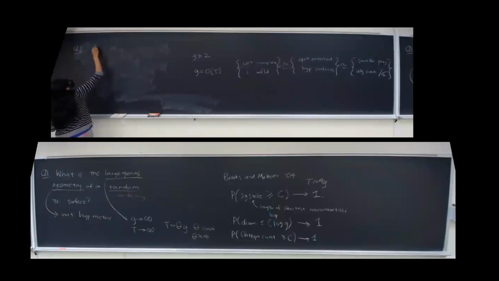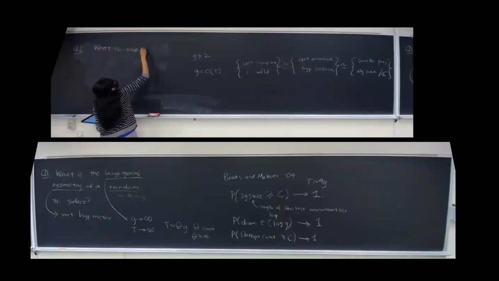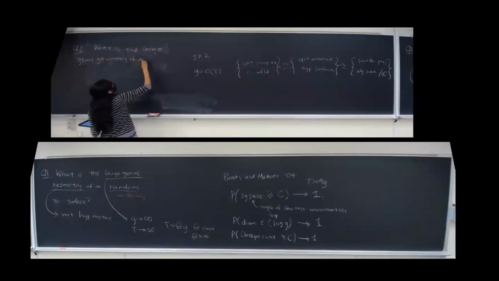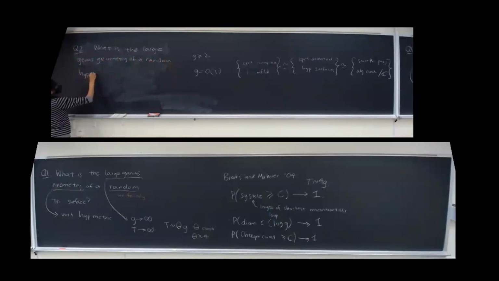So the second question is, what's the large genus geometry of a random hyperbolic surface?